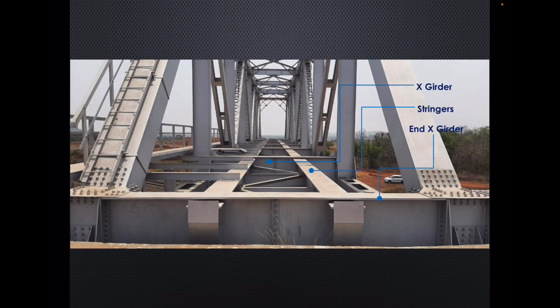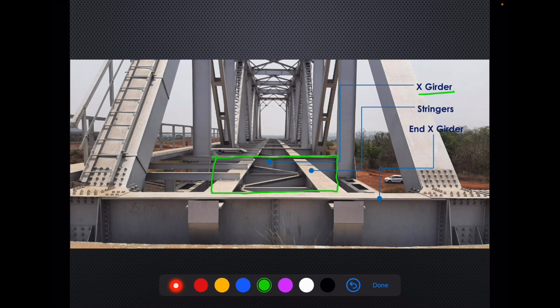Now, if we remove all the steel sleepers from the bridge, then we can see the stringers and cross girders. This is a cross girder, this is a cross girder, and these are the stringers.